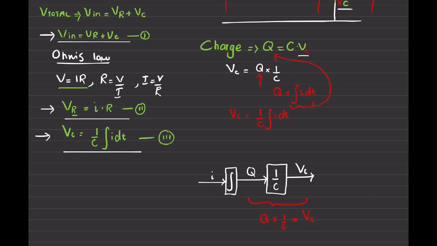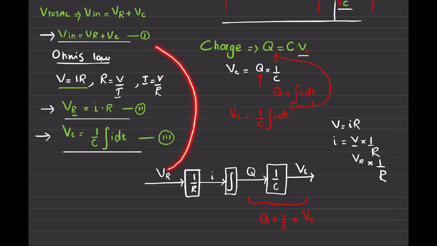And as we got our current here, now we know this I is being taken from Ohm's law, which is V equals IR, and if I make I the subject, it means V times 1 over R, and definitely these voltages are VR, so VR times 1 over R. So if I put this block here and say it is 1 over R, it has an input of VR.